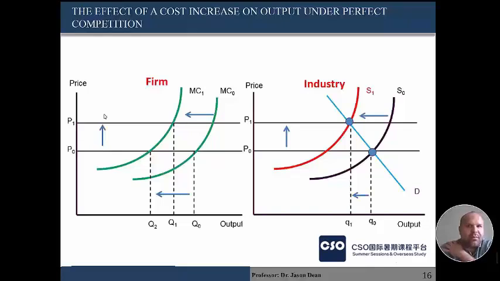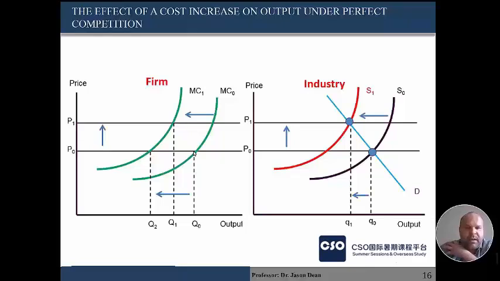And so they're going to want to produce up to the point where they're equal. So initially, if marginal cost is represented by this curve here, then the firm is going to produce Q0. Okay, so they're going to take the market price, P0 is given, set it equal to marginal cost subscript 0, and they're going to produce Q0.